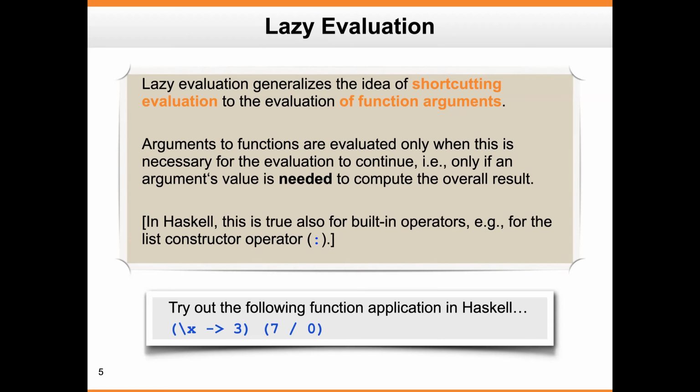In any widely spread language, like for example in Java, this will throw an exception, division by 0, because the argument to the function application will be evaluated first, and then we will get to this division of 7 by 0 and get an error back. In Haskell, we would get 3 because the argument of the function is not used at all in the function body. So the argument passed to the function in the application is not evaluated, so we never do this division by 0.